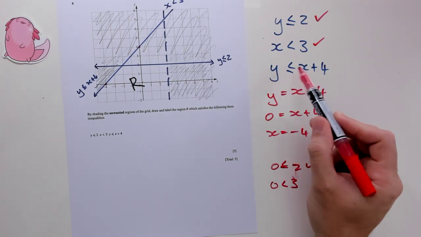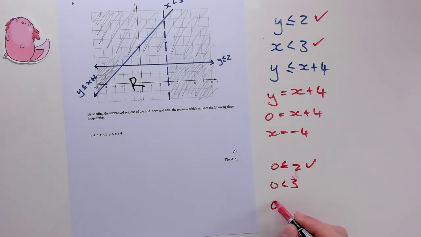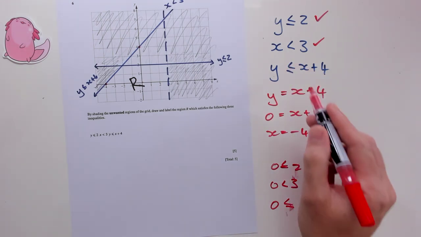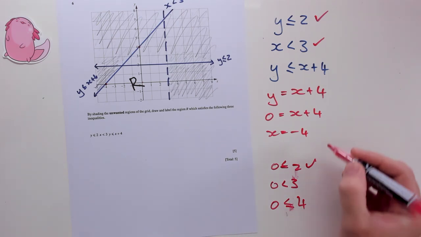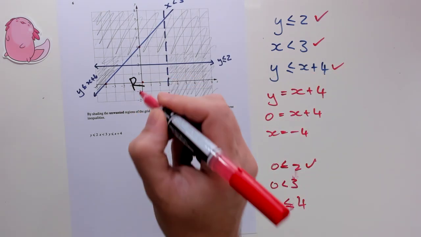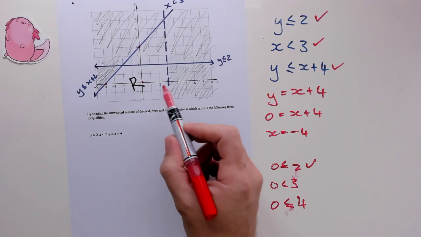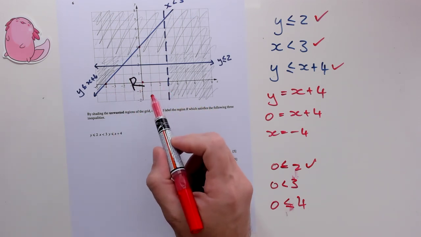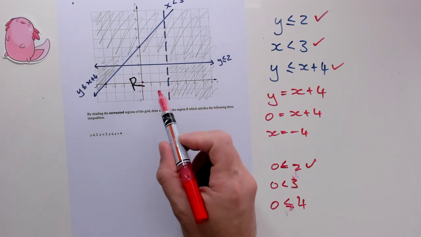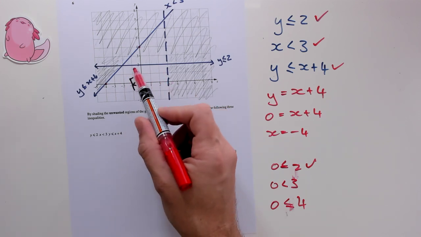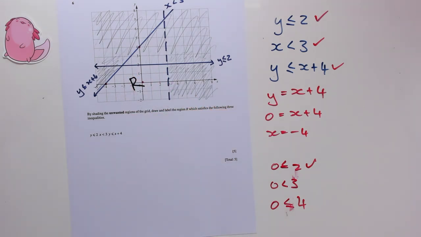And if I put 0 and 0 in there, I'd get 0 is, well, actually not equal, smaller than 0 plus 4, which is 4. Is 0 smaller than 4? Yes, indeed it is. So that's a very good test, and I see all the inequalities are satisfied at the origin, so I know I colored the right areas.